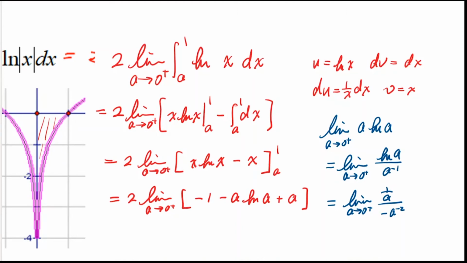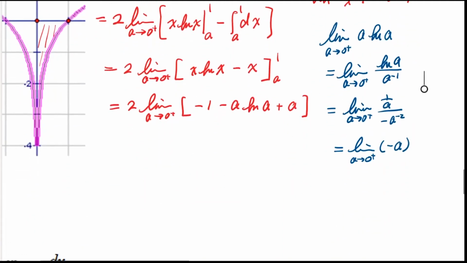And this is 1 over a squared, so simplifying the fraction, the whole thing gives you the limit of negative a as a approaches 0, and that's 0. So this thing becomes 0.